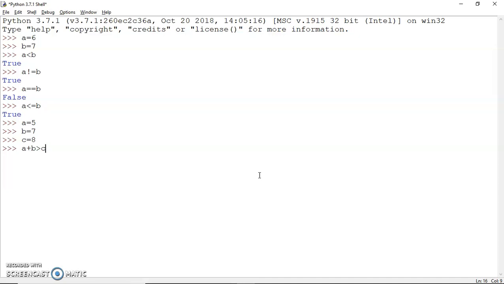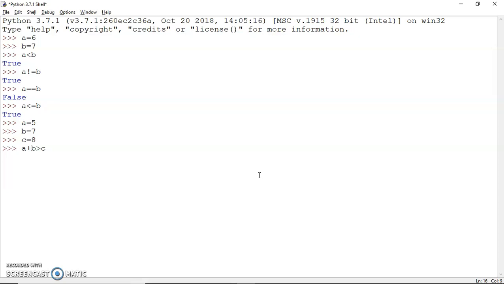We have discussed the arithmetic operators also, and we have discussed the relational operators also. Within the relational operators, we are seeing that less than and greater than are more powerful than equal to and not equal to. Across operators, precedence can be checked: the arithmetic operators are at a higher level as compared to the relational operators.